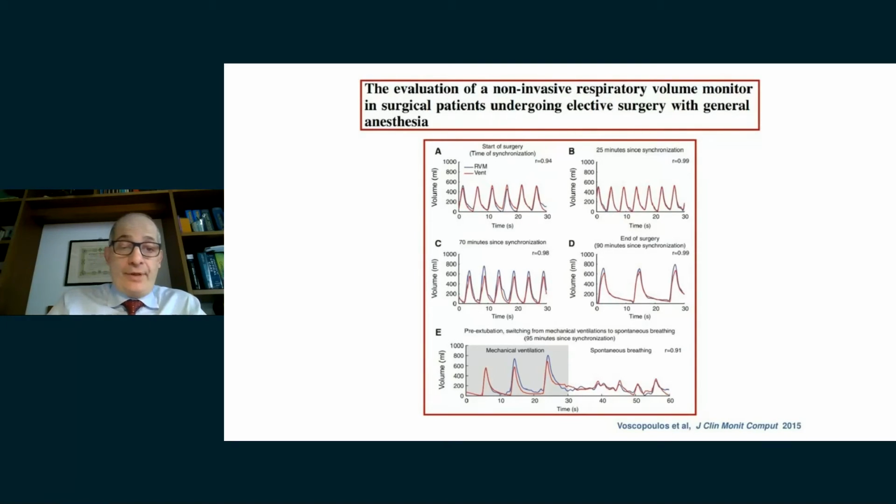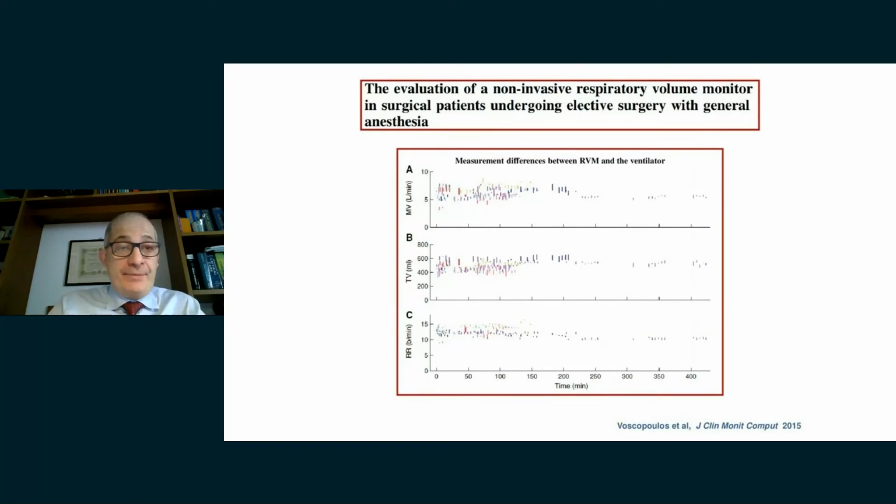When the patient recovers and starts to have active breathing, the red is the spirometer of the ventilator, while the blue is the respiratory volume monitor. And as you can see in the blue, there are higher inspiratory efforts not detected by the ventilator.